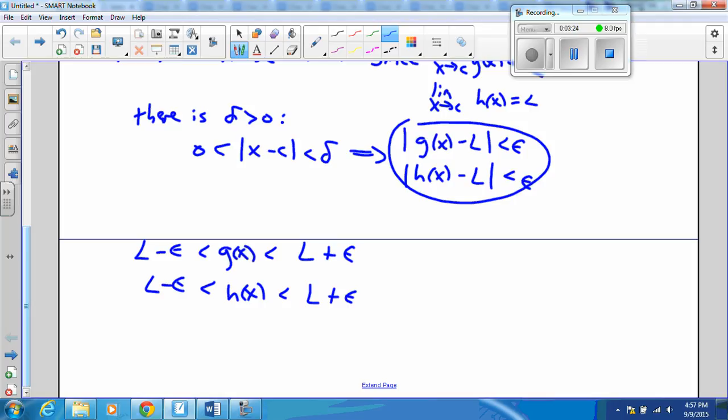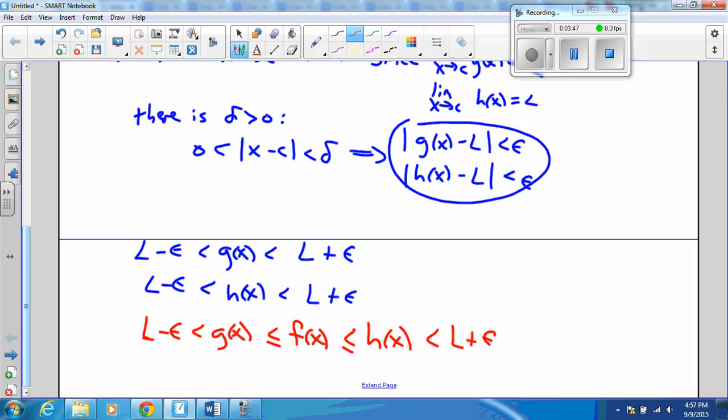And so now this allows us to set up a glorious chain of inequalities. L minus e is definitely less than g, which is less than or equal to f by hypothesis, which is less than or equal to h by hypothesis, which is less than L plus e.